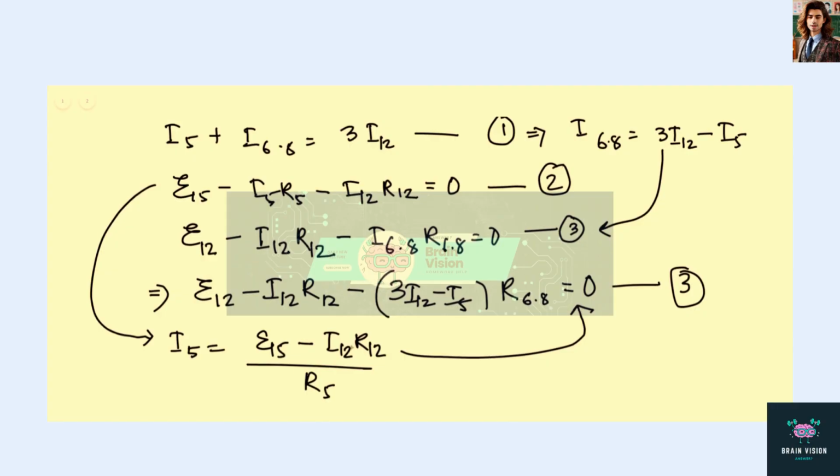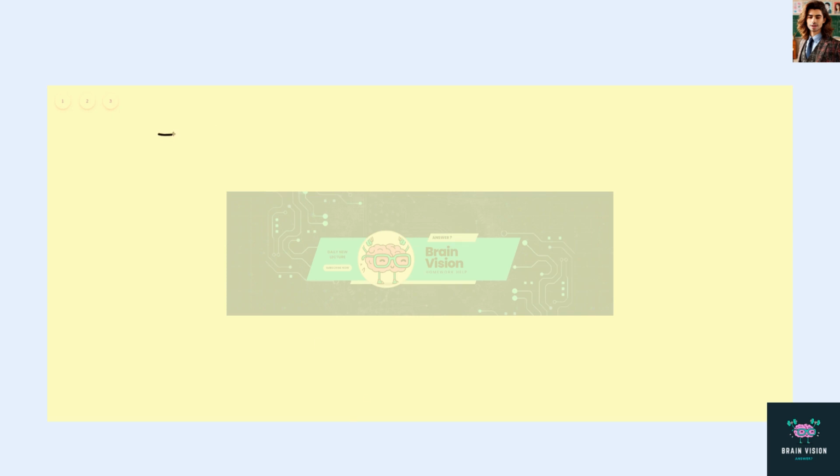And then as you must have already guessed, equation 3 will have just one unknown, I12, because everything else is now expressed in terms of I12 only. So then we can solve for I12. So this will be the final equation 3.